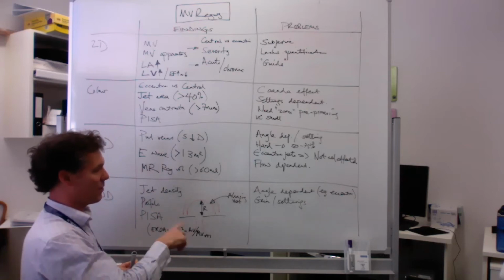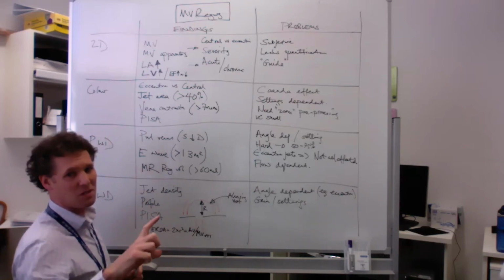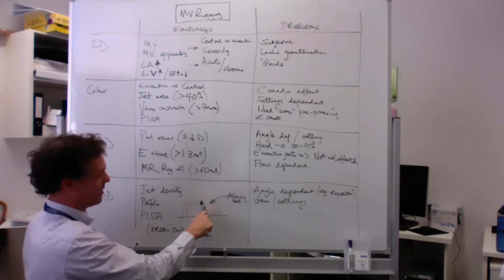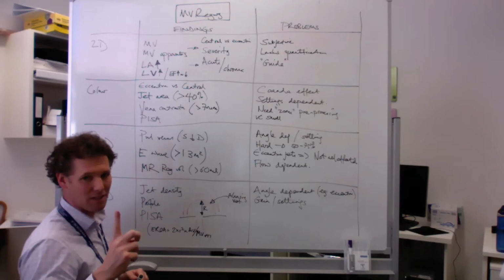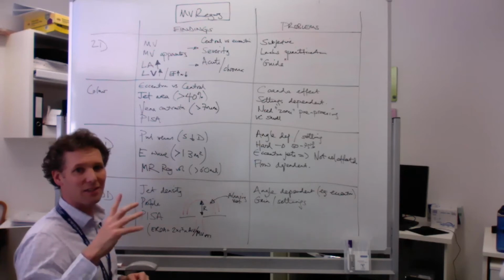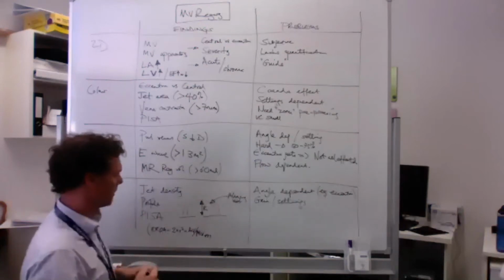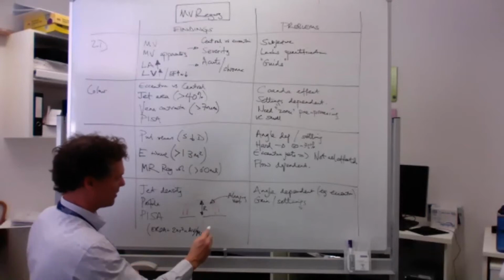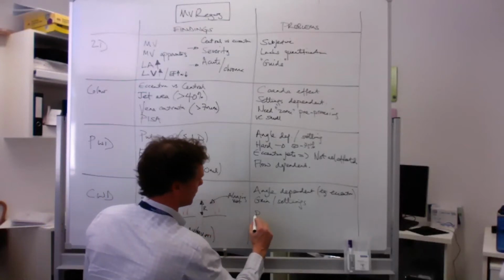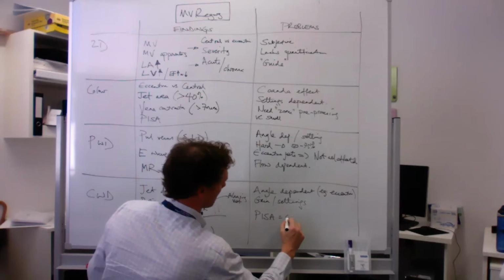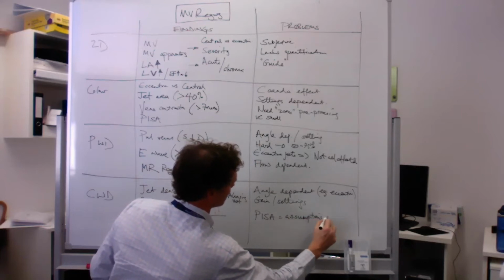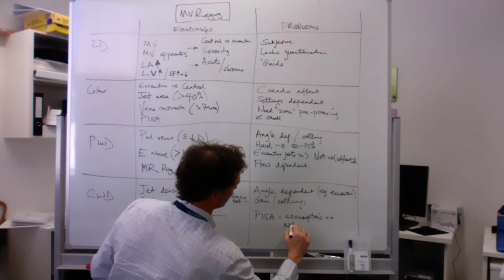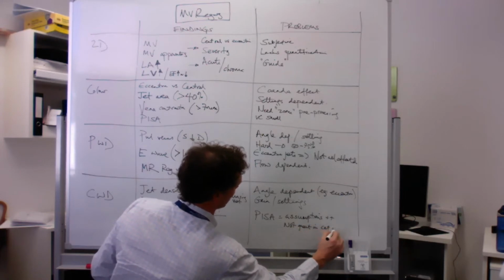If you've got the aliasing velocity at 40 centimeters a second, and your radius is greater than 1 centimeter, I think that's what makes it severe. Something like that. And as you said, lots and lots of assumptions, and not great in critical care.